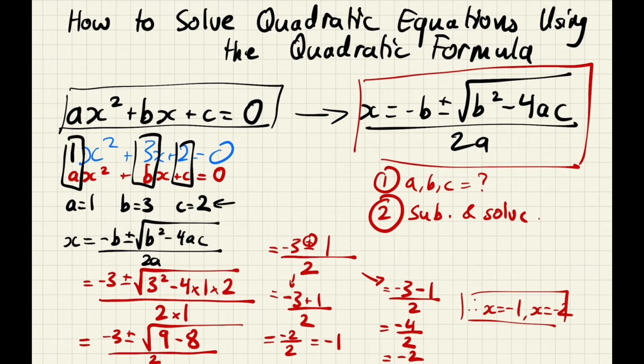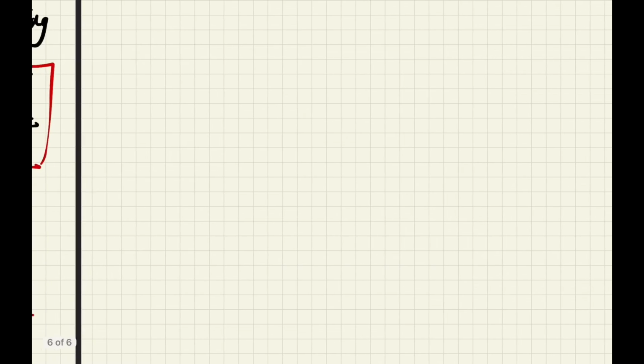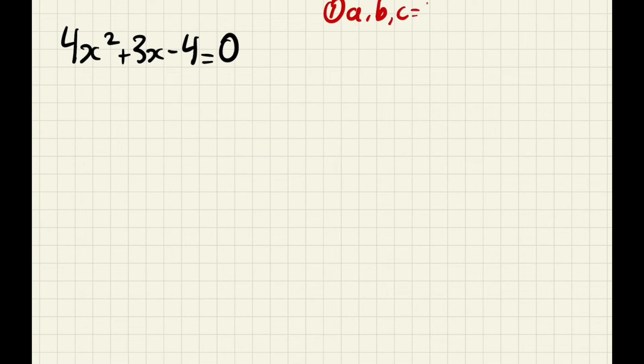Now let's continue by looking at a harder example. Let's say this time we have a non-monic quadratic, like 4x squared plus 3x minus 4 is equal to 0, and we need to use our quadratic formula to solve for that. So once again, first step, identify what a, b and c are equal to.